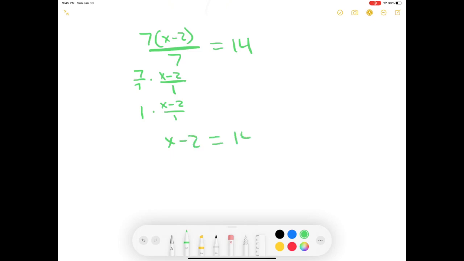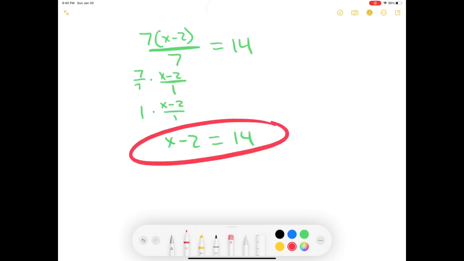And I've seen this type of equation before, real easy to finish. I just do the inverse operation of subtract 2 from each side, and I have my answer. So I've got x minus 2 plus 2 equals 14 plus 2, which leaves me with x plus 0 equals 16, or x equals 16.